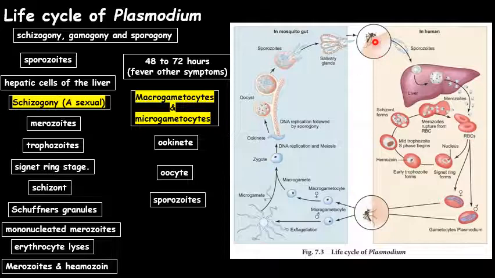The cycle takes place every 48 to 72 hours like this. Occasionally, these merozoites change into two different gametocytes: macrogametocytes, female, and microgametocytes.